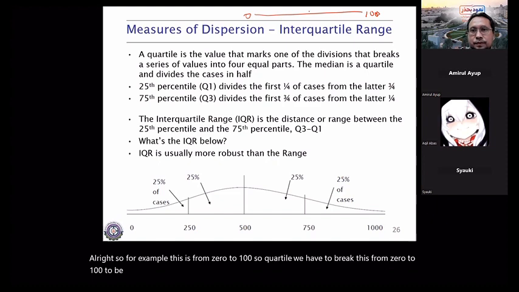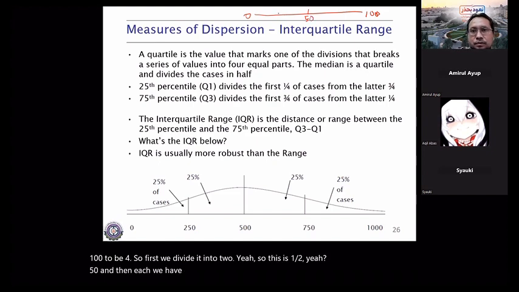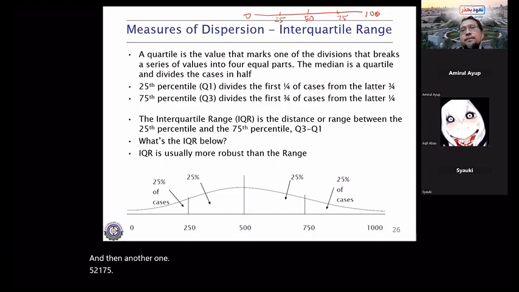So first we divide it into 2. So this is a half, 50. And then each half we divide into 2. So 0 to 50 gives 25. And then 50 to 100 gives 75, because 50 divided by 2 is 25, plus 50.